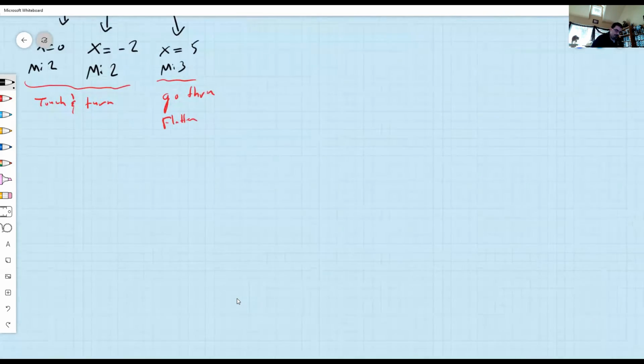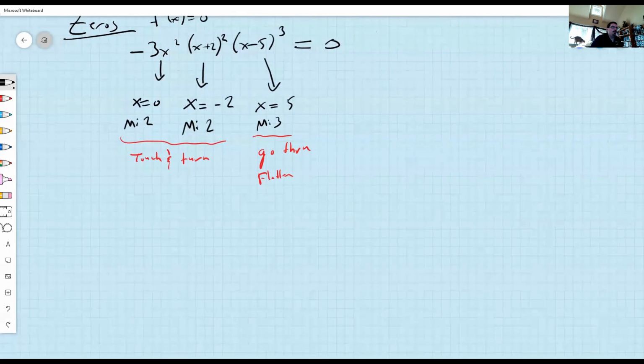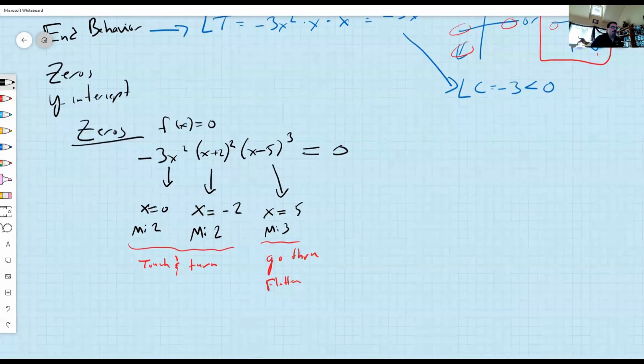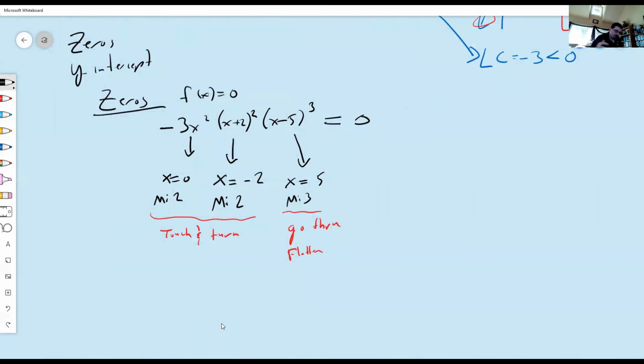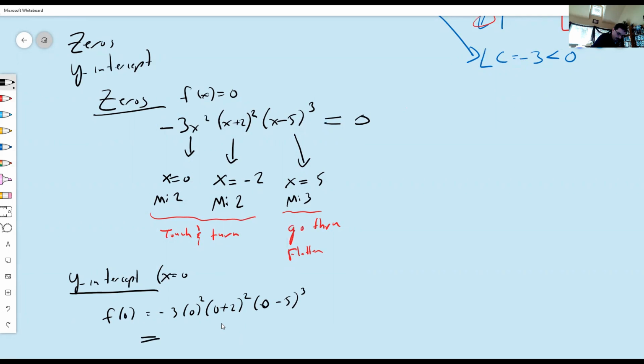And finally, things got out of the way. The y-intercept. Y-intercept will always occur when x equals 0. So f of 0 will be minus 3 times 0 times 0 plus 2 squared times 0 minus 5 cubed, which will just be 0.